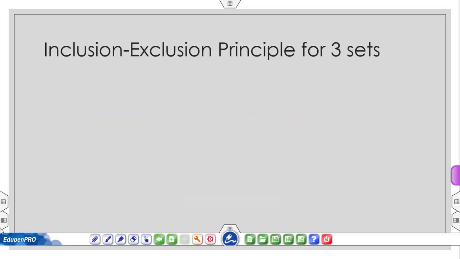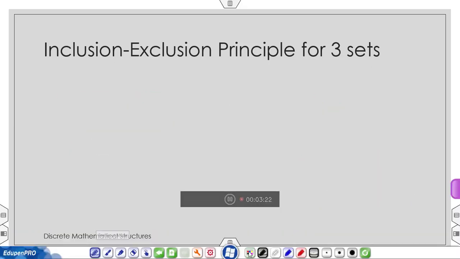Next we have the inclusion-exclusion principle for three sets. Now for three sets, let's draw the Venn diagram.